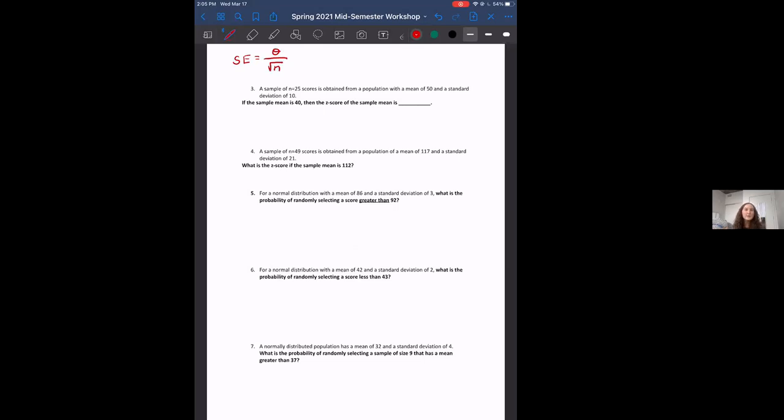Now that we have to use standard error, there's a special equation for z that we have to use. Does anyone know what that is? I'll give you a hint: it's something divided by the standard error.